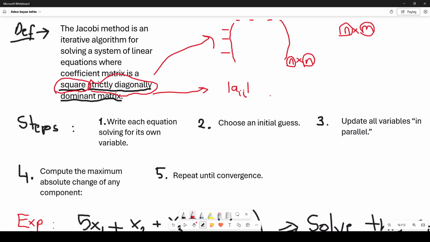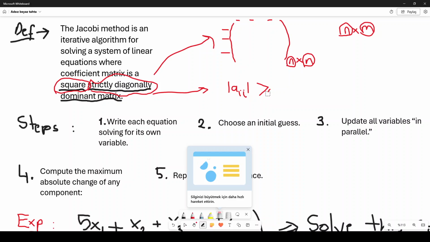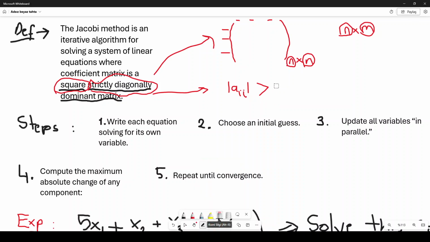And this absolute value should be strictly greater. By the way, I say strictly, and what I mean is we don't insert equality. If we erase equality, that means strictly greater. But if we also add the equality condition, that means greater or equal than something else on the right hand side. But this is strictly greater, so we should be careful about it.